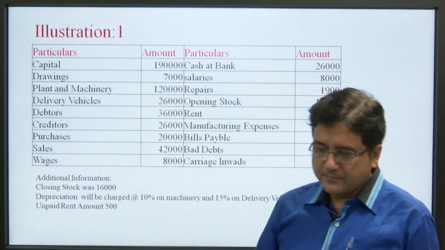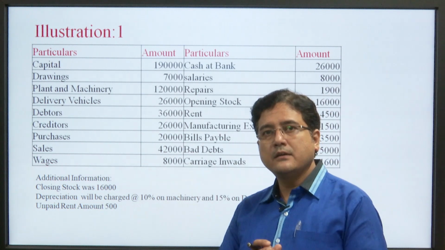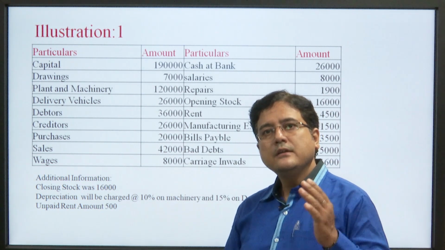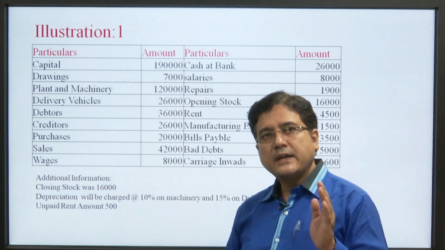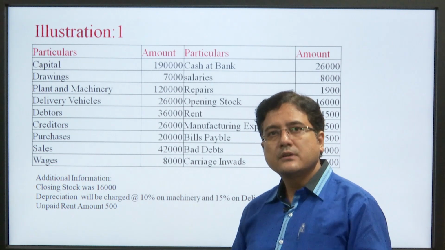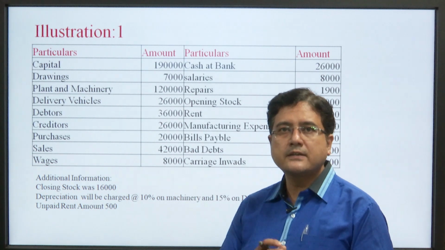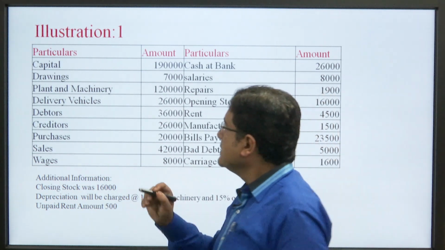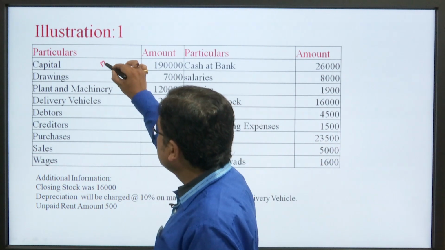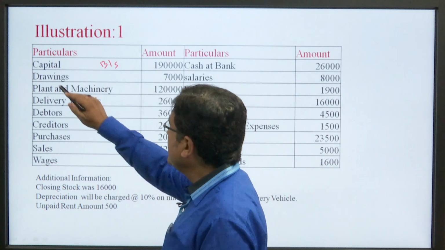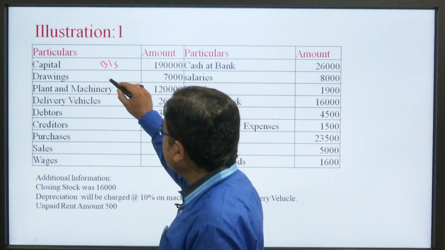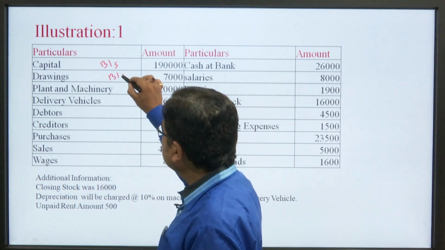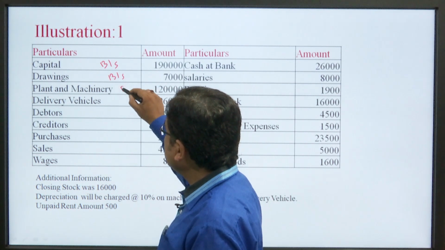So, first we categorize. I said earlier, in your examination, first categorize the list according to the nature of that transaction. So, cash belongs to the balance sheet, capital belongs to the balance sheet, drawing is also part of the balance sheet, plant is balance sheet.